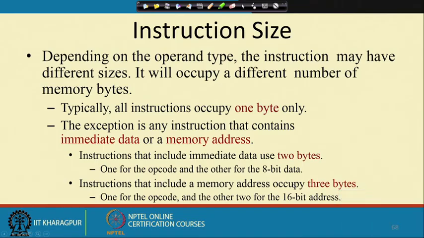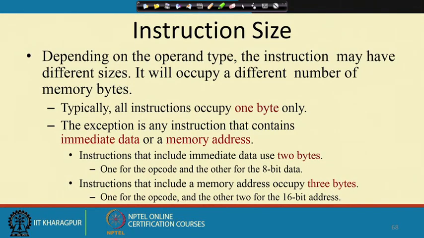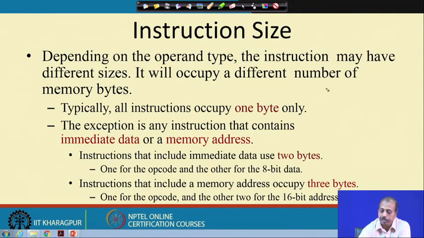Now, depending upon the operand type, the instruction size will vary. Some of the instructions are only 1 byte long, some are more bytes. For example, the instruction CMA has an 8-bit code, as we know that all opcodes are 8-bit. So it is only 1 byte long.